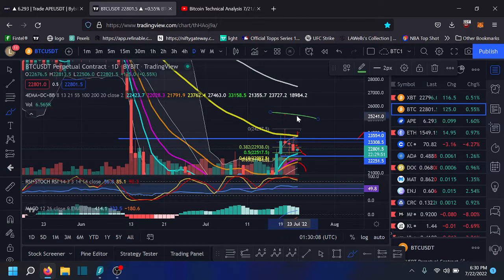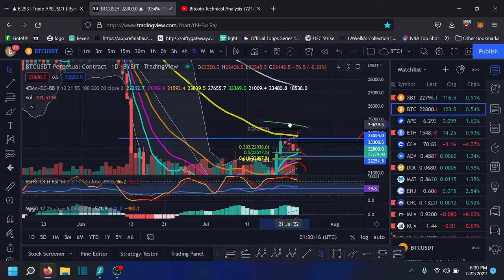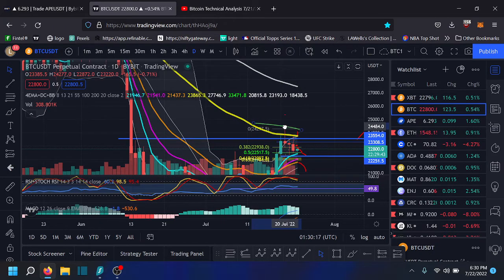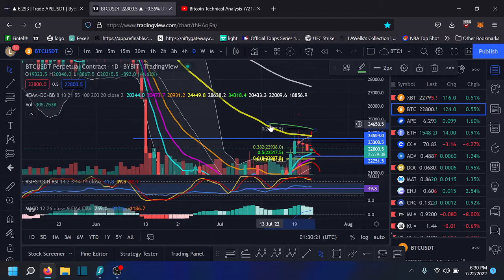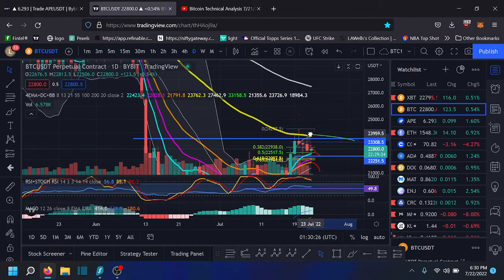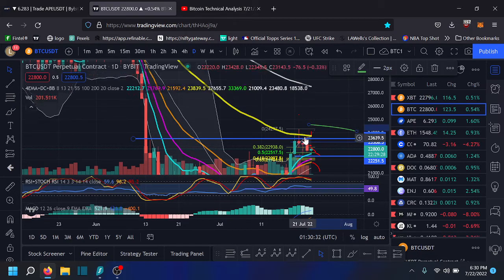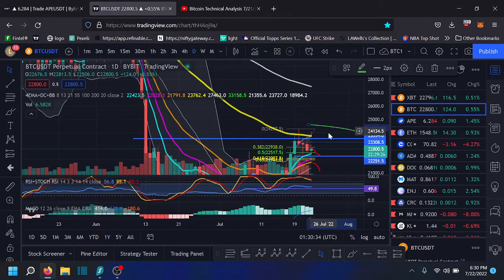You want to stay above your 55-day exponential moving average. Sorry, you want to be above this area here, because you want to close above. You want green candles above the 55-day, the yellow.